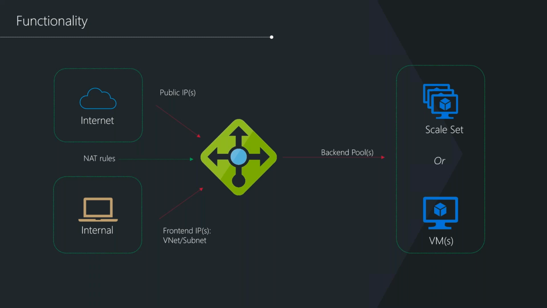You can have multiple IPs either way you want to do this, if you really wanted to do it that way. So therefore you can have multiple rules and multiple backends residing on the same load balancer itself. It's a bit of a judgment call regarding multiple backend pools and multiple front ends. Some customers like to have separate load balancers, not for functionality or performance, more for management and overhead.